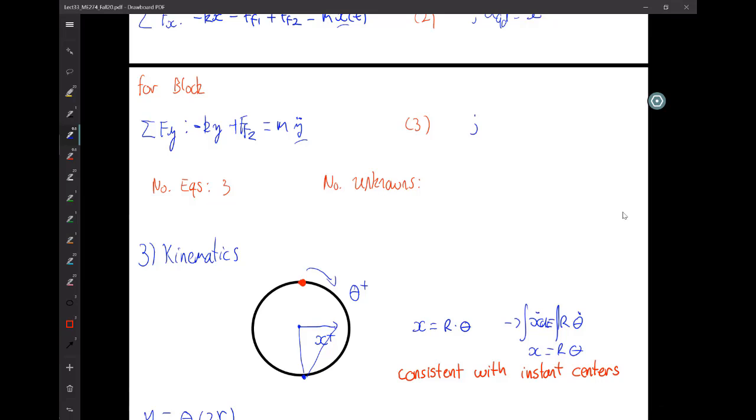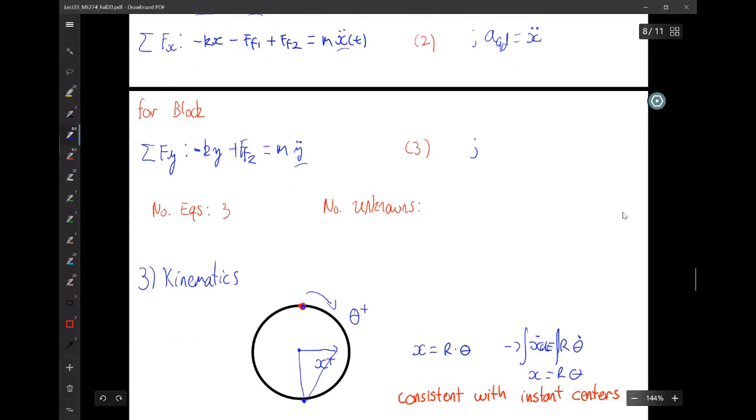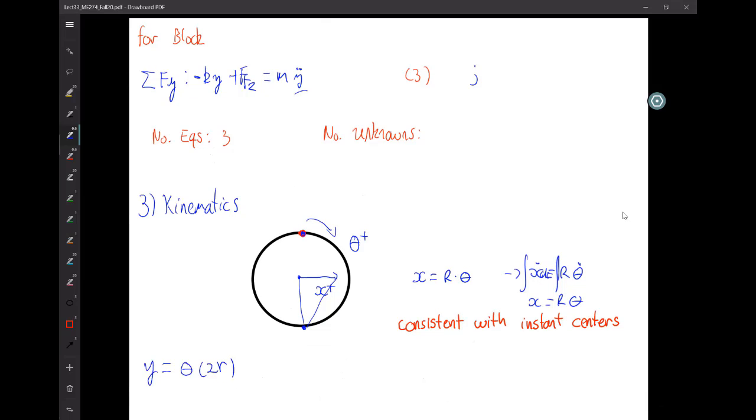Now this is even better for y, because we know that this point that is connected to the block, or touching the block, needs to have the same speed as the block, right? No slip condition. So we use instant centers once more, and then we say y dot is equal to theta dot times 2r.